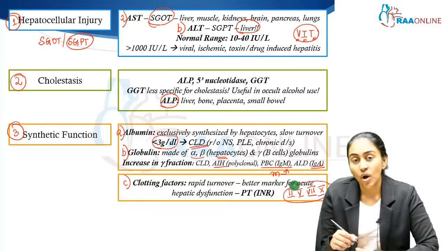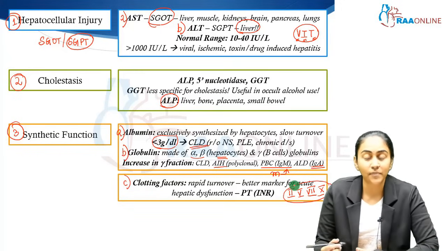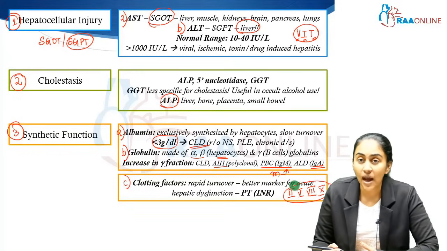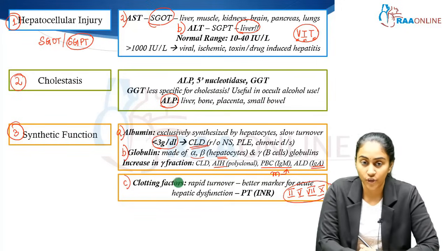The advantage of prothrombin time over albumin is that these have a rapid turnover and hence they are a better marker for predicting an acute decline in hepatic synthetic function.